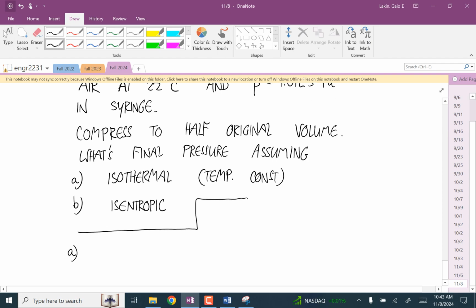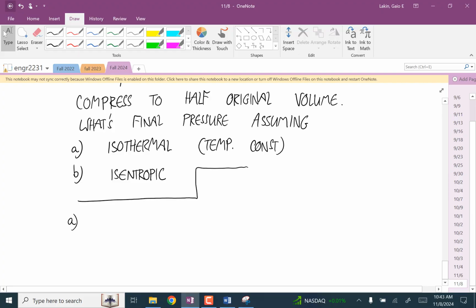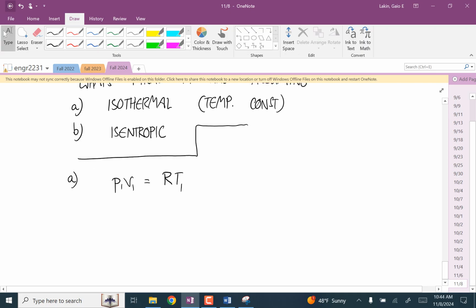Okay, so if we assume that this is isothermal, we're going to treat this as an ideal gas. So we have P1 V1 equals R times T1. And then in the second state, since it's isothermal, the temperature isn't changing.